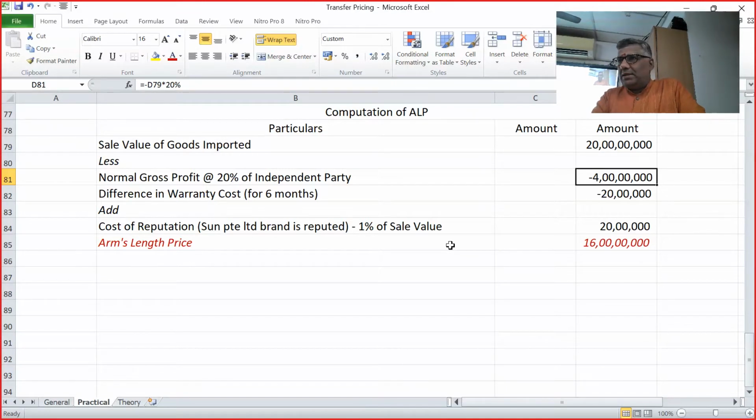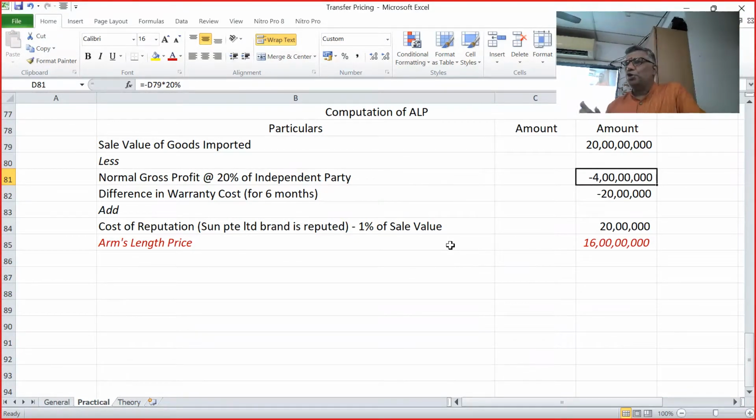What is that cost plus method? Understand, this is your simple costing which we are working out. I incur a direct and indirect cost in India, and I am exporting that, or providing it, to an associated enterprise.